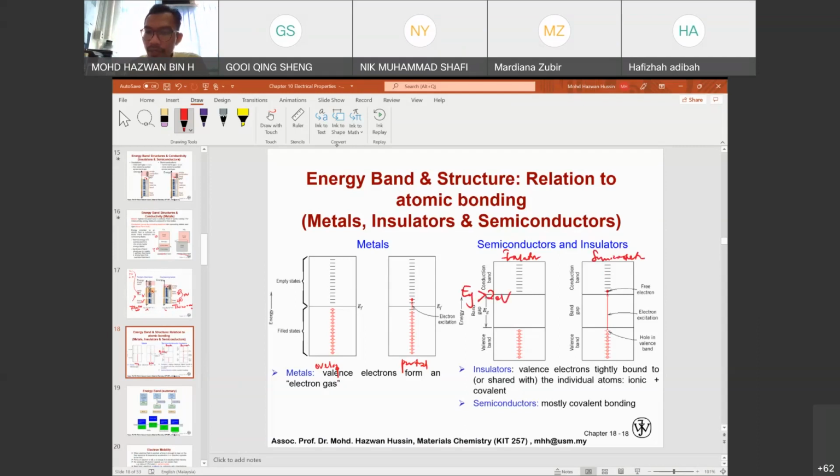Meanwhile, for semiconductors, EG is less than 2 eV. In insulators, valence electrons are tightly bound to or shared with individual atoms, with ionic plus covalent bonding. For semiconductors, it is mostly covalent bonding.